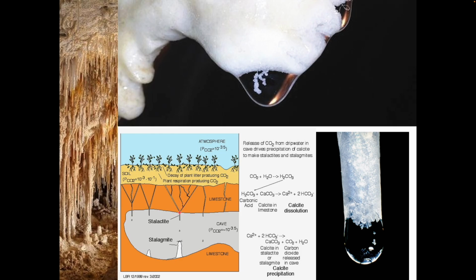That dissolves calcite directly into the groundwater that is then dripping from your cave ceiling. As that water drips down from the cave ceiling, it leaves behind a thin layer of calcite, and it also deposits calcite on the floor of the cave, creating a small pile of calcite that will grow upwards over time, and that's called a stalagmite.